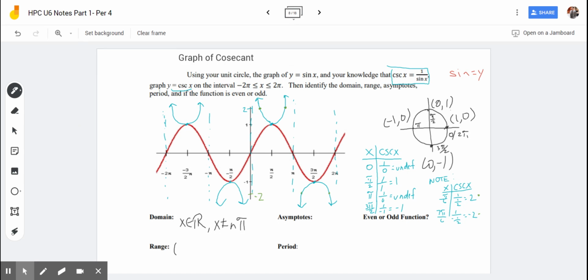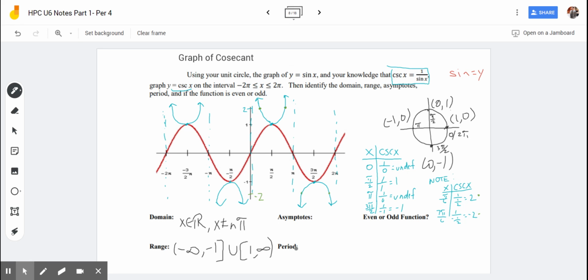Technically our default is negative infinity to infinity, but it's not that for this function. It's negative infinity to negative 1 because of the relative max there, with a closed bracket because it can equal it. And then there's a jump. It goes from 1 to infinity, closed at 1, open at infinity.